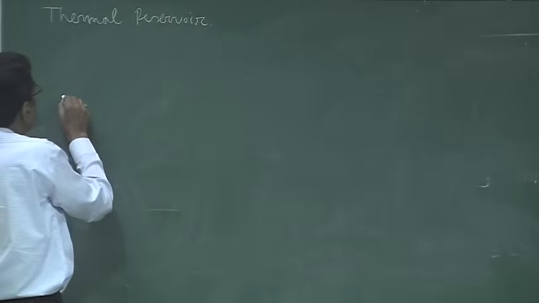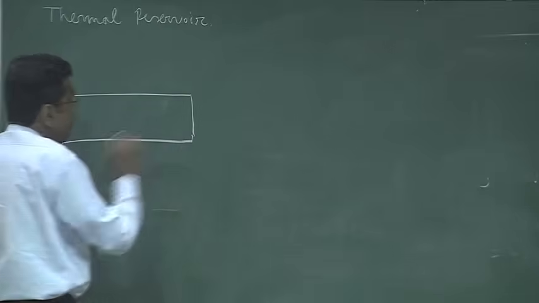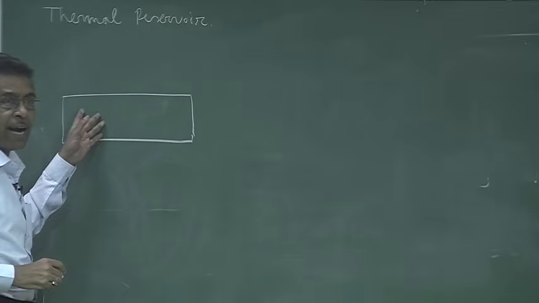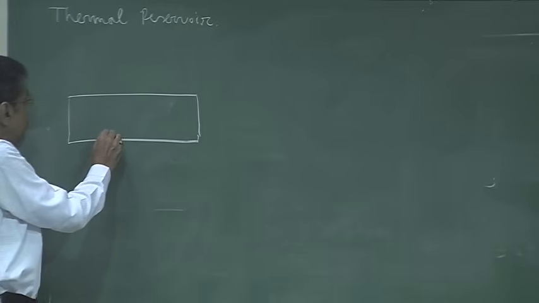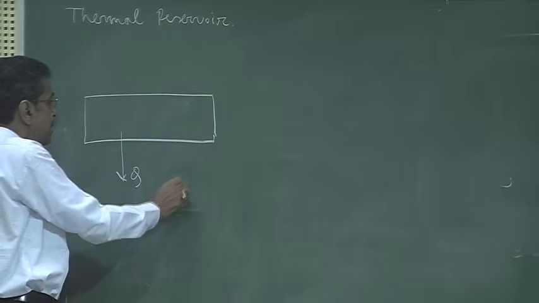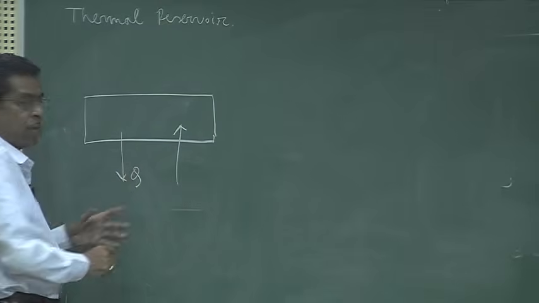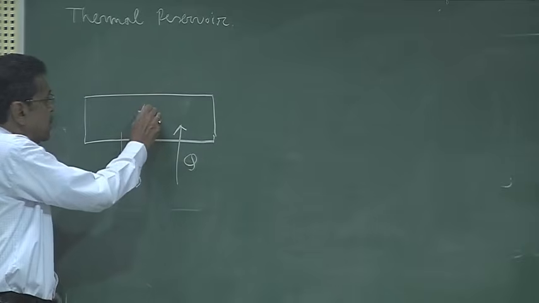A thermal reservoir is considered to be a body with very high heat capacity, so that if it supplies heat to some system, or receives heat from some system, its temperature does not change.